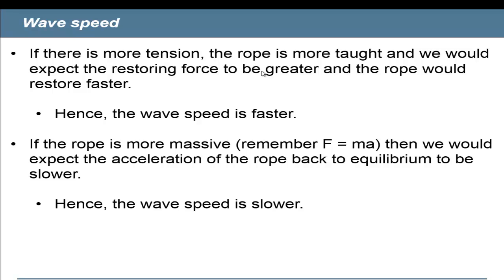So if it's more massive, it gets more sluggish and doesn't move quite so quickly. So it's faster if we increase the tension. We are creating a greater force, and so it is restored faster. If it's more massive, then we're slowing down the acceleration, and so it is slower.